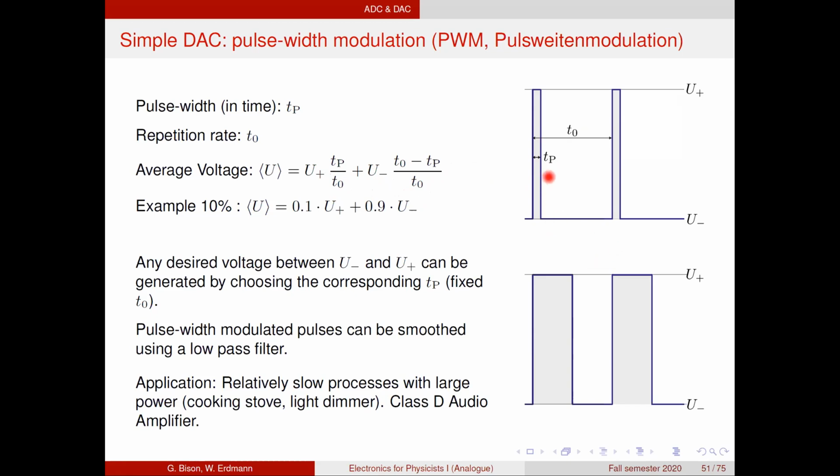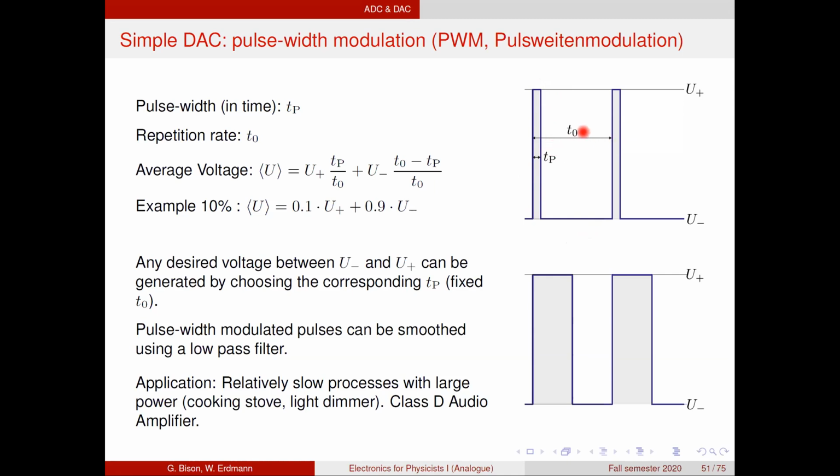So if we have a 10% pulse ratio, then we get 0.1 times the plus voltage plus 0.9 times the minus voltage, simply like that. And if you want to change this average voltage, we simply have to change the timing when the switching from plus to minus happens inside this pulse.